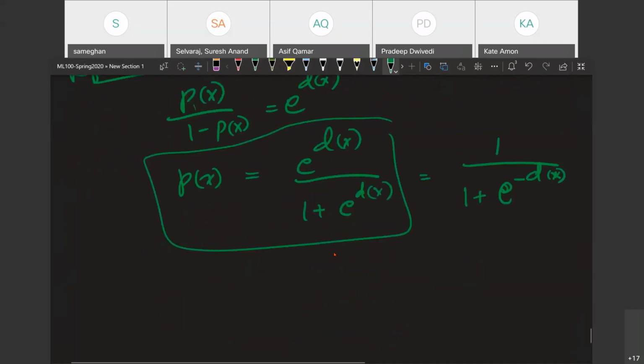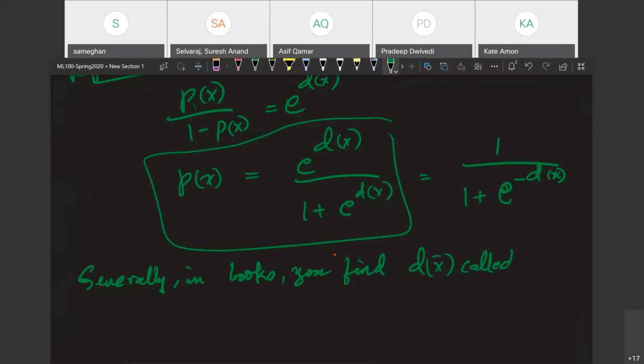Now, I use the word d for distance. Generally, in books, you find d of x called z of x, or just z. What I call d, because to me it is very intuitively the distance function, is in fact acknowledged in the field to be the distance function.